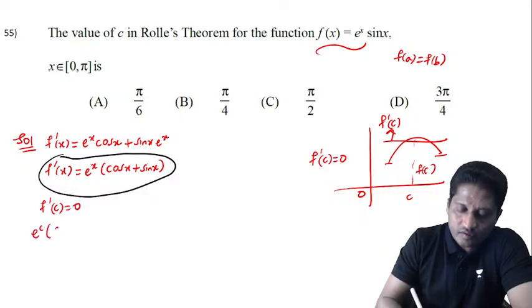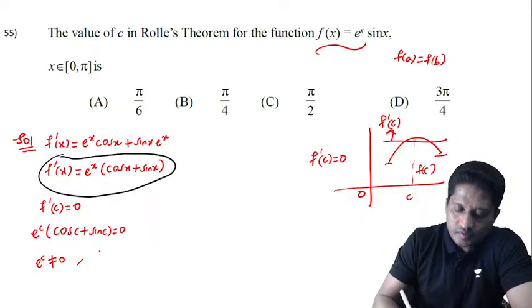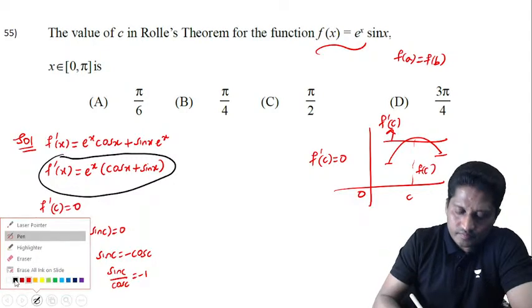E to the power c into cos c plus sine c is equal to 0. E to the power c cannot be 0. Left out is sine c is equal to minus cos c. Sine c by cos c is equal to minus 1.